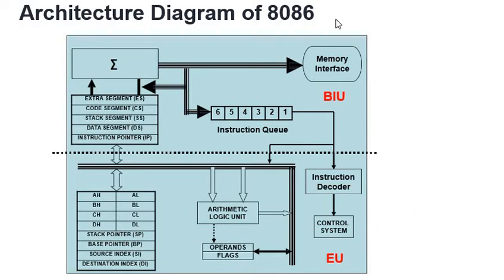So the source location offset address will be stored in the source index, and the destination location where the data is to be moved, that offset address is available in the destination index. The base pointer can be used for data access, holding the offset address where the data is stored.